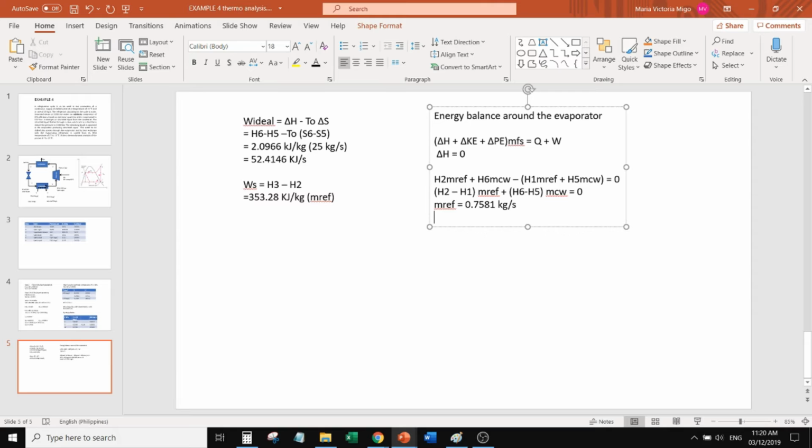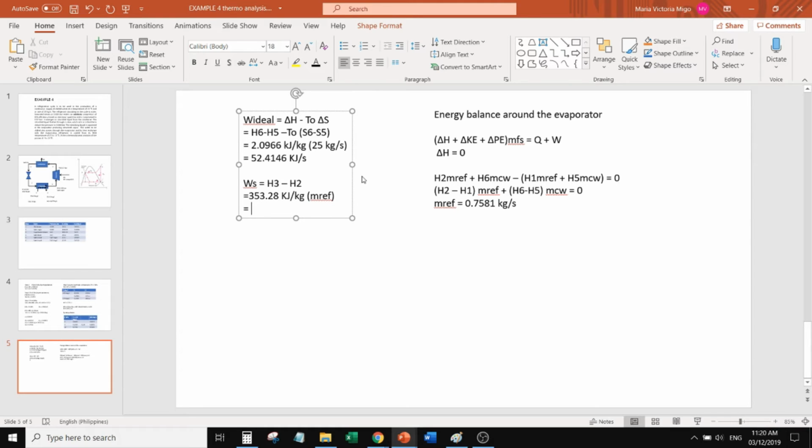So this is the mass flow rate of the refrigerant. Continuing our solution right here, in terms of power, this is 267.82 kilojoules per second.